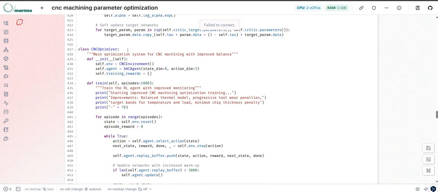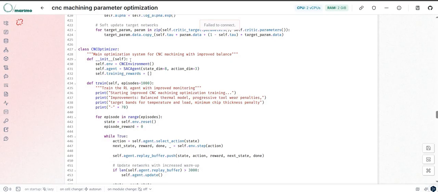Now, the optimizer class, and this is the high-level controller that runs the training loop. It initializes an environment and an SAC, soft actor critic agent with state dimension 8 and action dimension 3. The train method starts by printing a header so we know what's happening, and then runs for a chosen number of episodes.